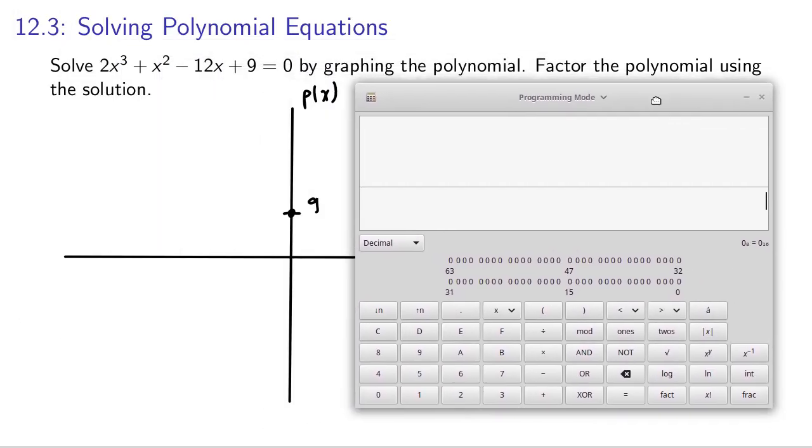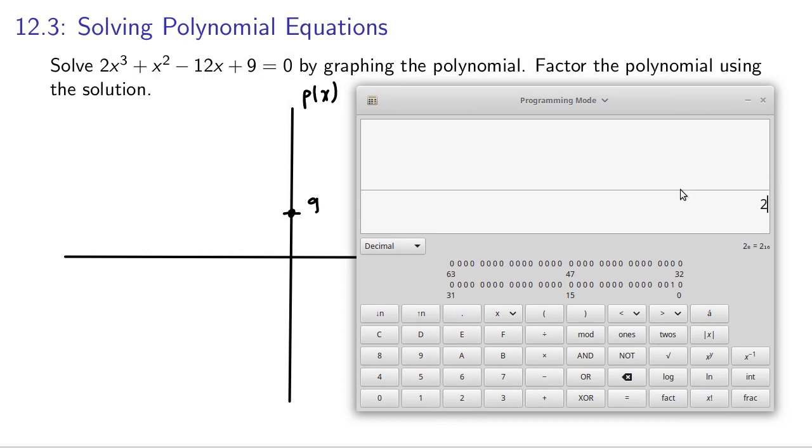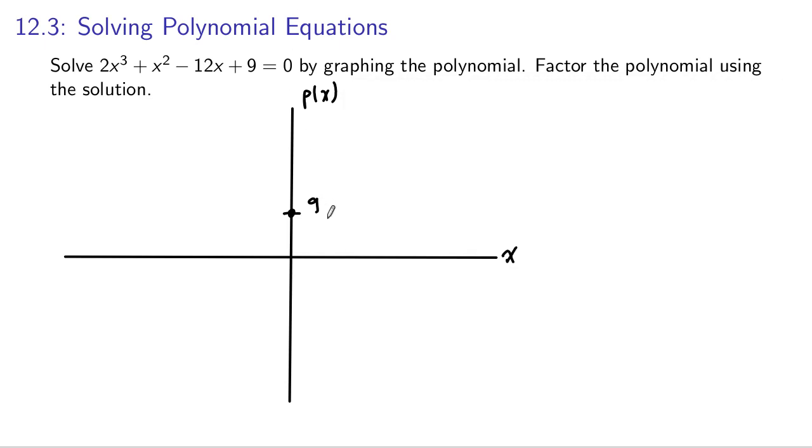So if we take 2 times 1 cubed, that is just 2, plus 1 squared is 1. 12 times 1 is minus 12. Sorry, minus 12 times 1 is minus 12, plus 9. That gives us 0. So as we were graphing here, we already found one of our zeros. At 1, we'll have a 0.